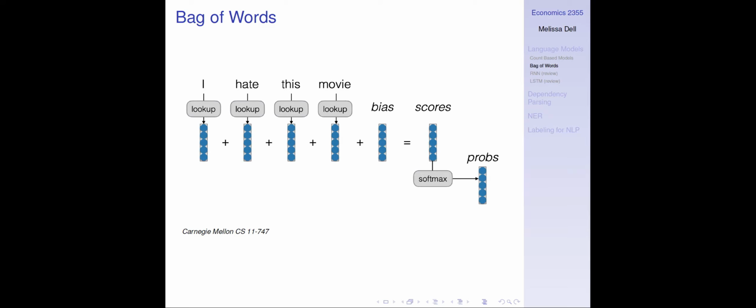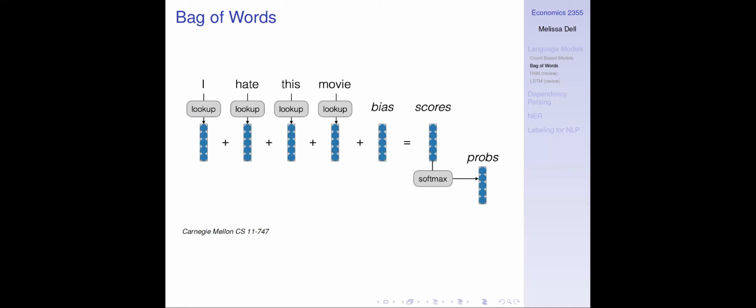With bag of words, each word independently is associated with something. So a word like "well" is used in every imaginable context. It doesn't tell you about sentiment. Maybe that's neutral. "Hate" is going to give you a strongly dislike. "This" is not really telling you anything. Maybe "movie" is also neutral. You can add those up. So you may have some bias.